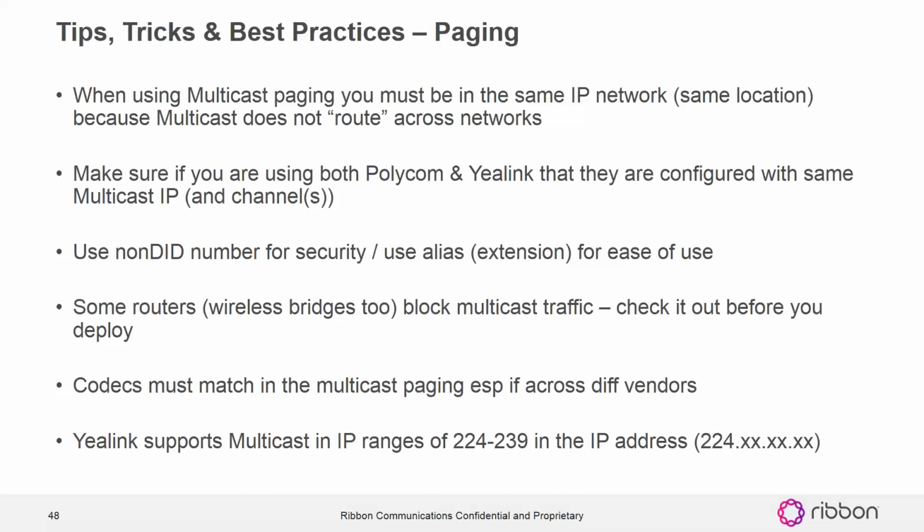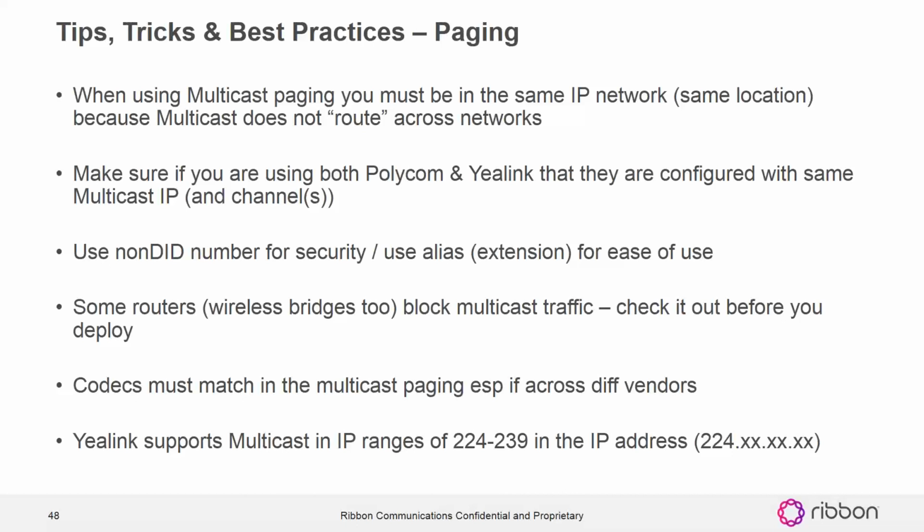Always use a non-DID here. You do not want people calling in from outside and hacking you or anything like that. Do also consider any routers and wireless bridges, because some of those actually block multicast traffic, so check that out before you deploy. And make sure that your codecs match.